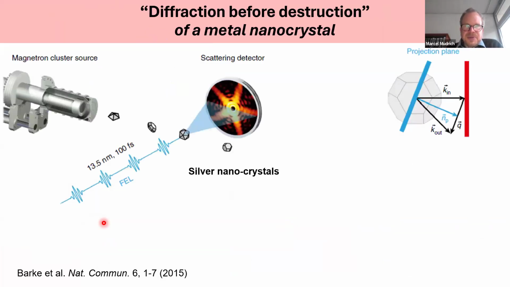Therefore, it's very advantageous to have targets that are renewable, like, for example, these silver nanocrystals that are produced in a magnetron sputter aggregation source to produce metal clusters, because then this source just continuously spits out these nanocrystals in a jet in vacuum, and we have plenty of fresh targets for every free electron laser pulse.